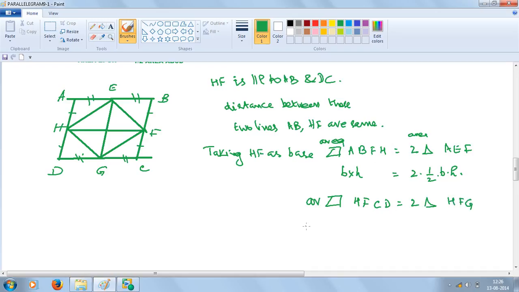If you add these two, this is the area of the parallelogram ABCD, equal to twice the area of the parallelogram EFGH. If you add these two triangles, you get a parallelogram, with HF as the chord.